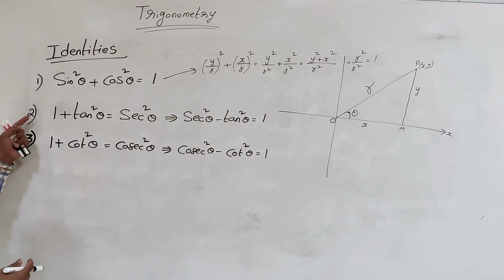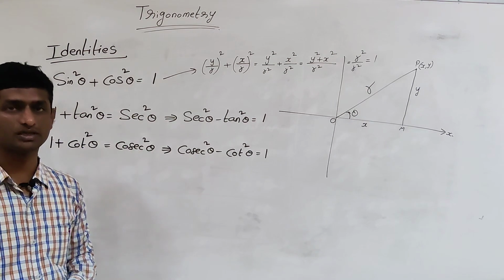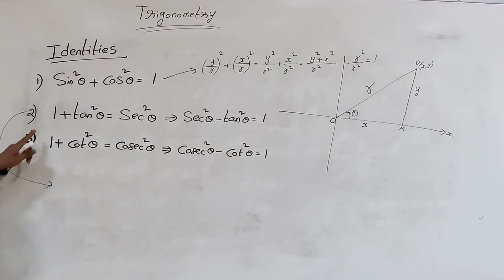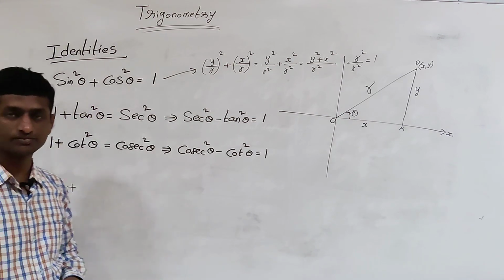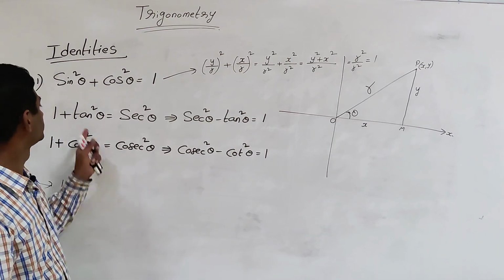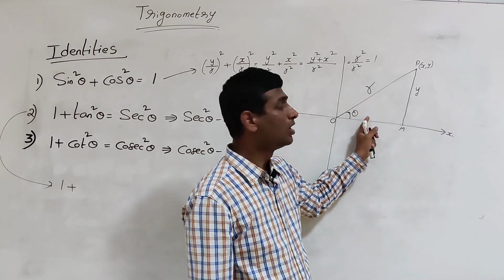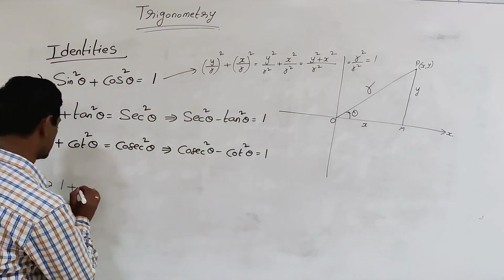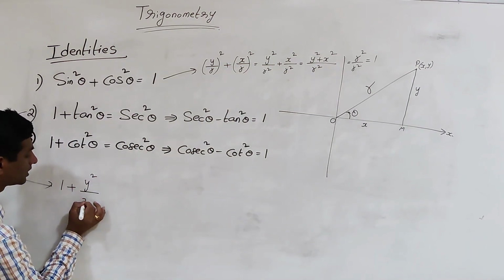Next, we'll go for the second one: 1 plus tan square theta is equal to secant square theta. We'll see the proof. 1 plus tan square theta. Tan theta, as per the definition, is opposite side by adjacent side, so whole square, y square by x square.